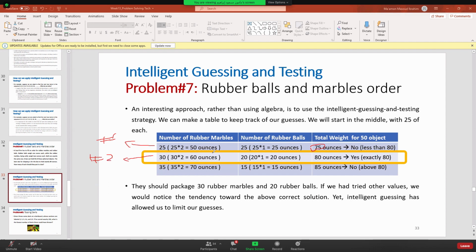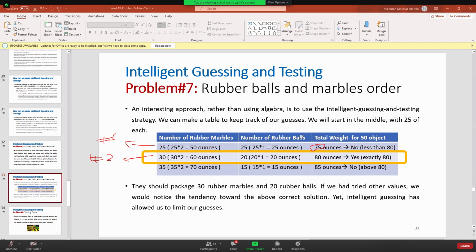We should not reduce the number of balls or marbles because our weight is less, so we need to increase. This is what we mean by our guesses should make sense, should be wisely chosen, and intelligent.